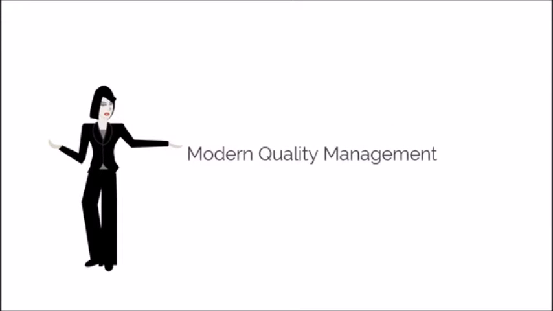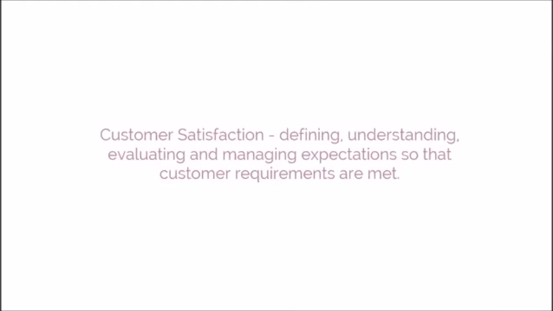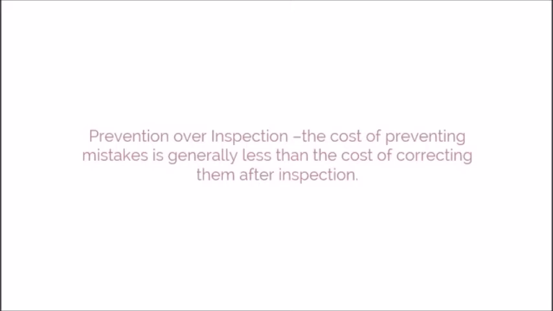With TQM, we can say that modern quality management recognizes the importance of customer satisfaction. That is, defining, understanding, evaluating, and managing expectations so that customer requirements are met, even exceeded. Prevention over inspection. That is, the cost of preventing mistakes is generally less than the cost of correcting them after inspection.